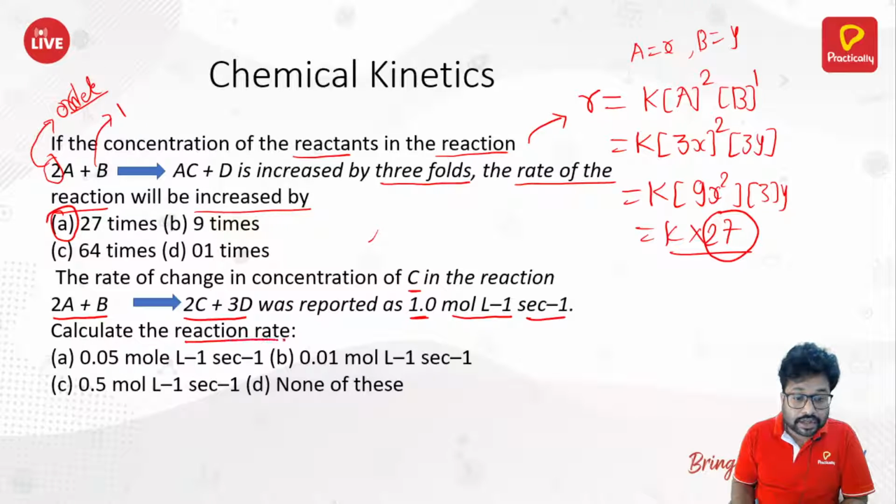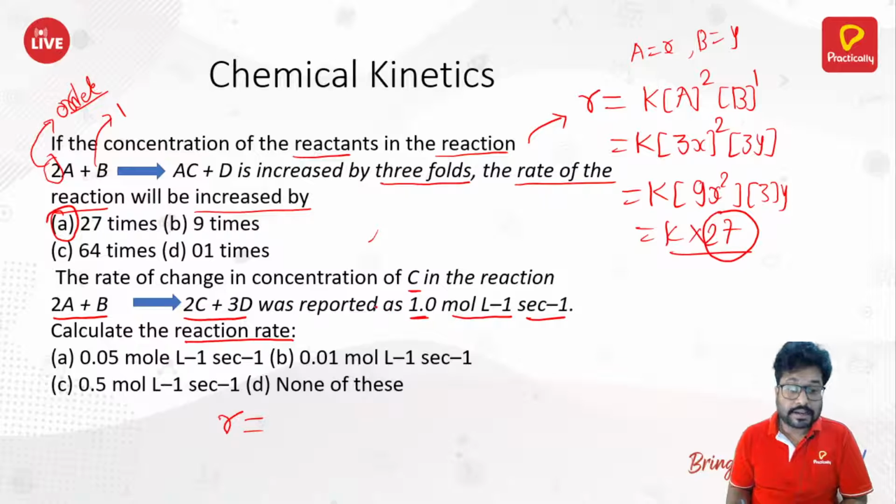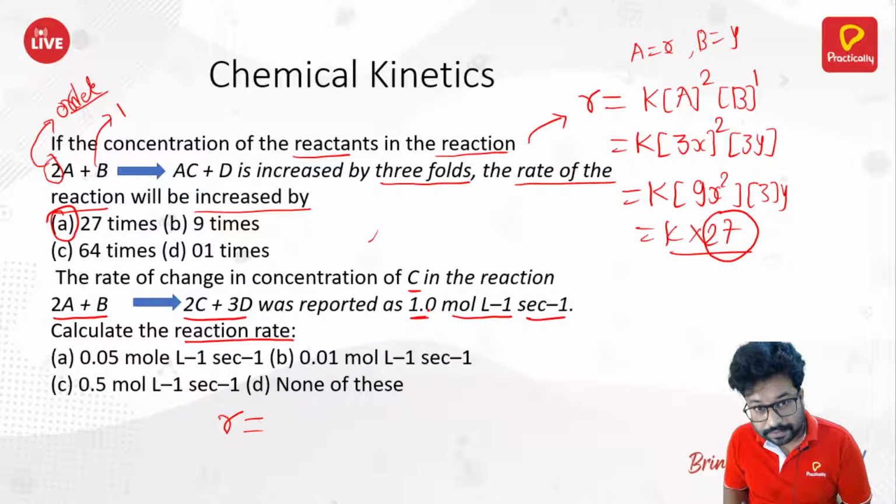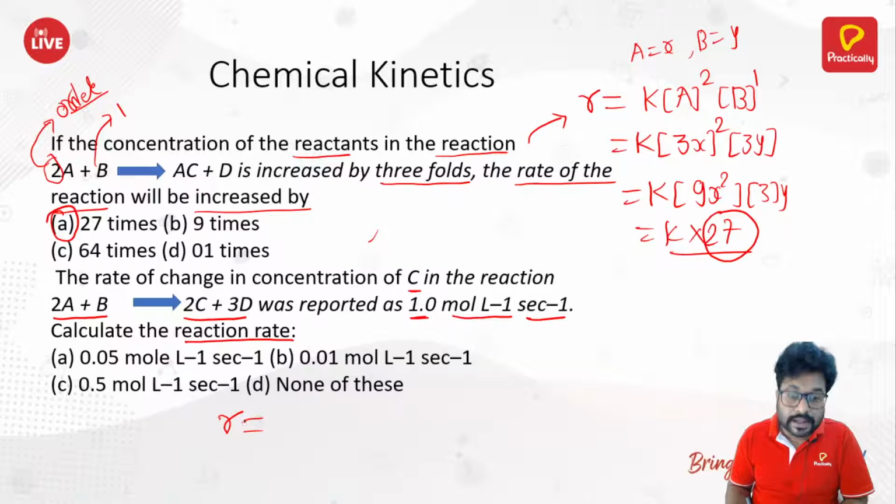Calculate the reaction rate. Now again, how can we calculate the reaction rate, or I would say rate of reaction R, here? As far as they are concerned, it is about C only. They have given us the rate of change in concentration of C. From that, you need to calculate the rate.